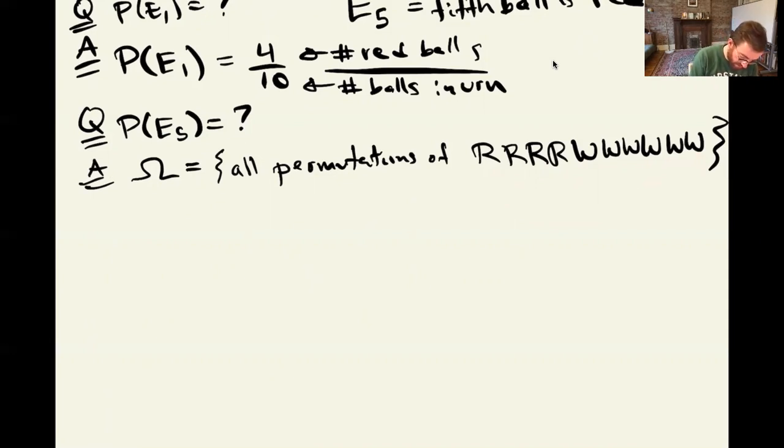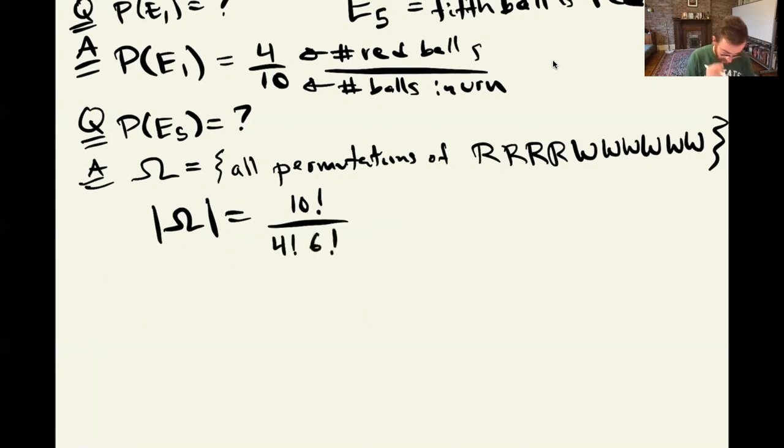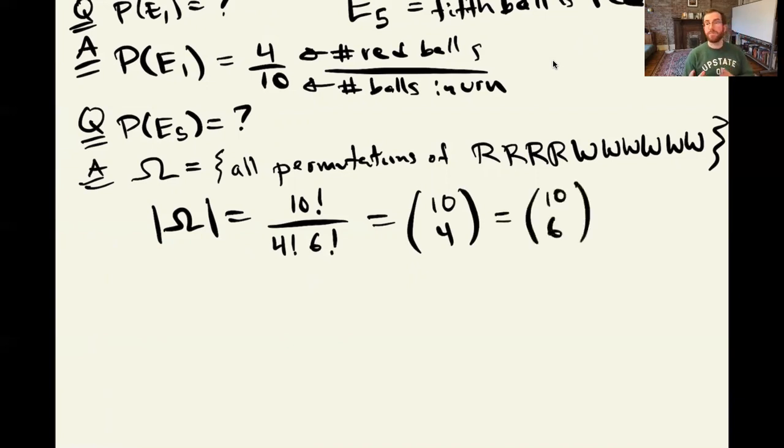In this case, we know that the size of omega is equal to 10 factorial divided by the number of reds factorial, which is 4 factorial, and the number of whites factorial, which is 6 factorial, which is equivalently 10 choose 4. Or by our principle of duality, it's 10 choose 6. Either way, this is a pretty large number.